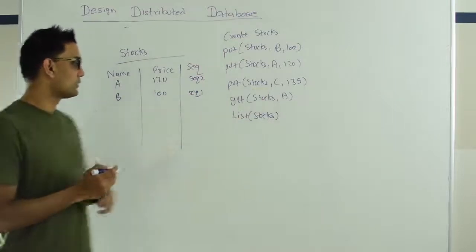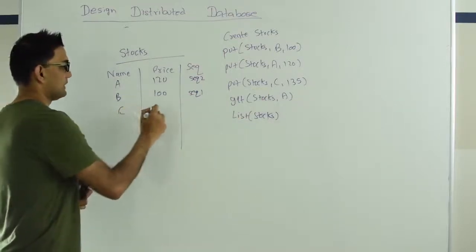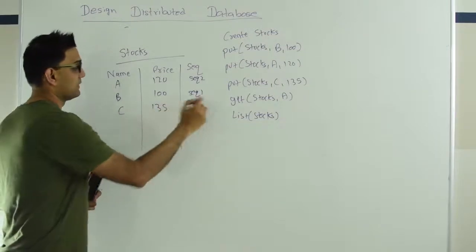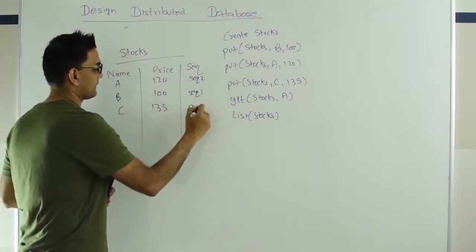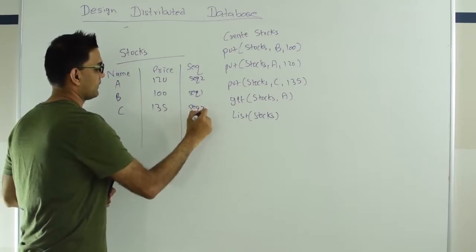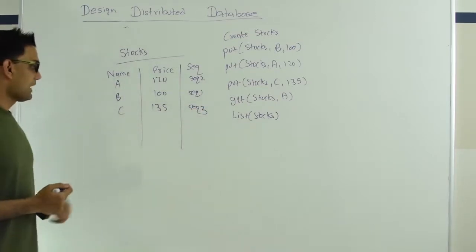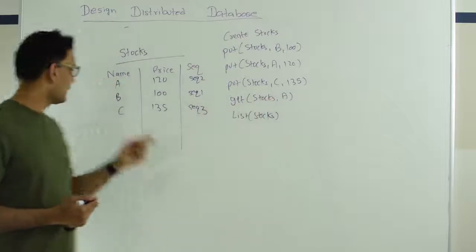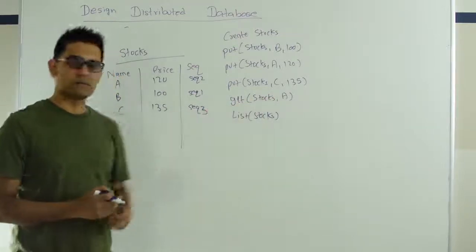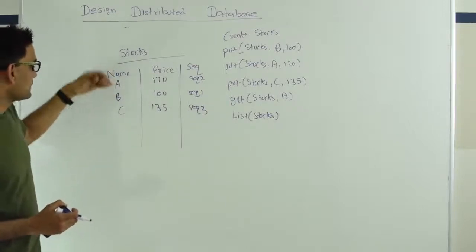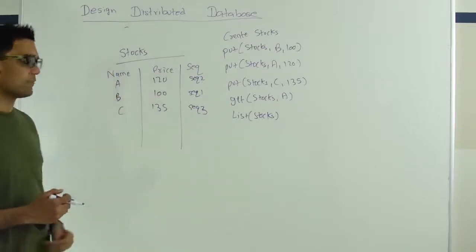And then I do a third put, C, with 135, and let's call it sequence 3. Okay. And if someone does a get on A, then he should get 120 back. And if someone does the list operation of the stocks, we should return A, B, C in a sorted form along with their values.